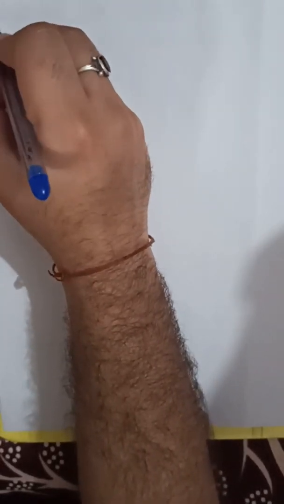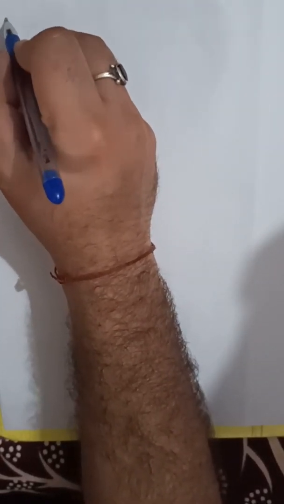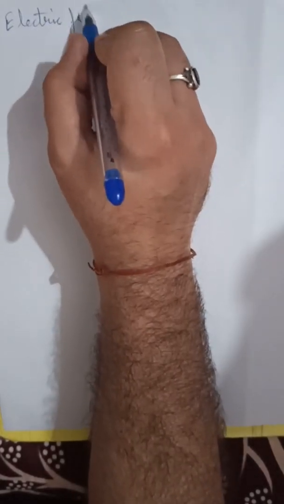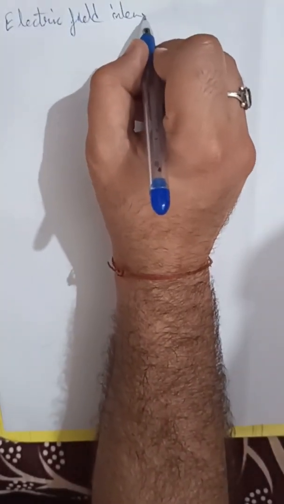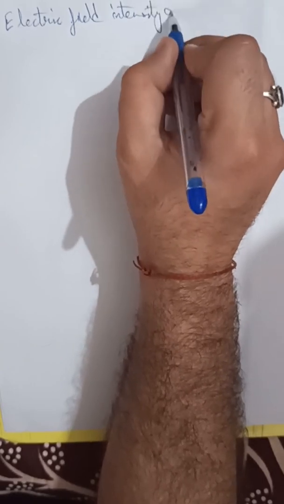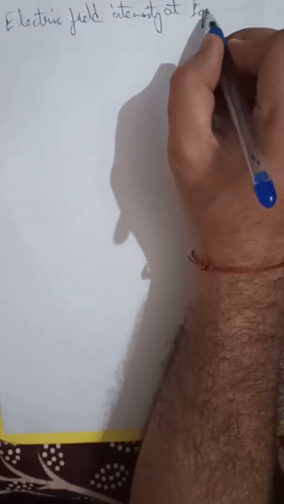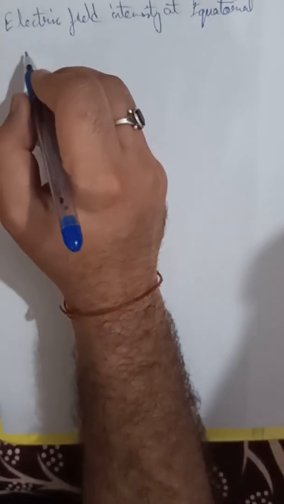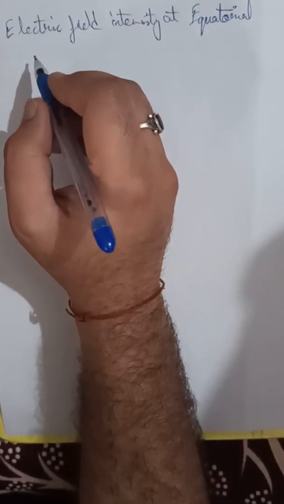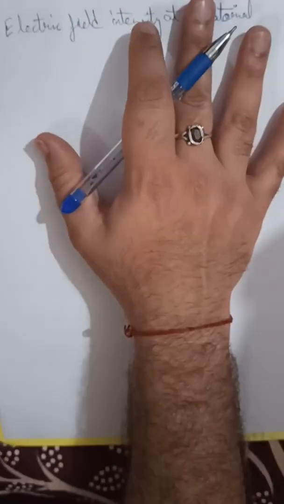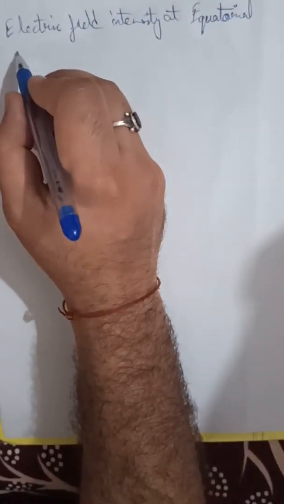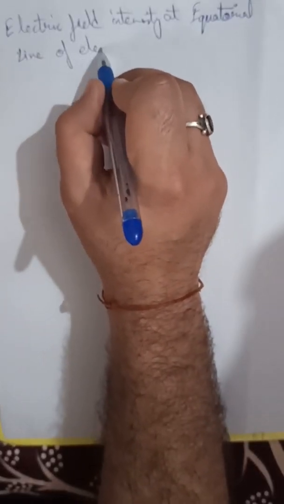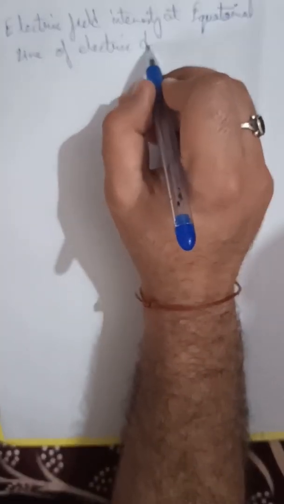So first we talked about the axial line, now we'll talk about electric field intensity at the equatorial line of an electric dipole.